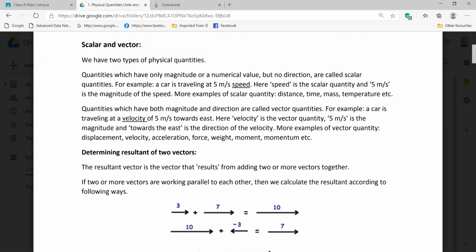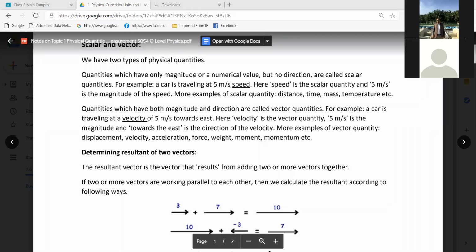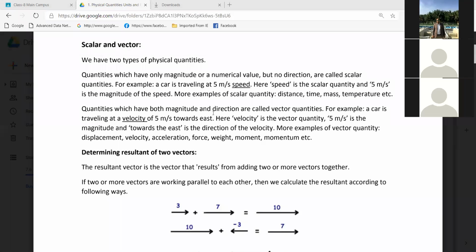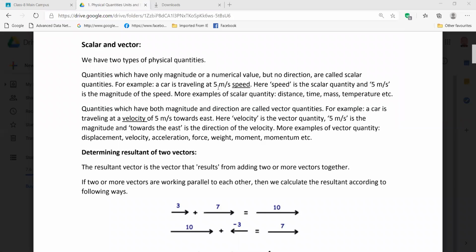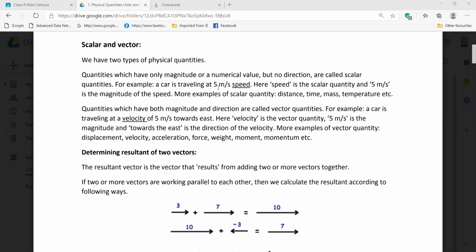Okay, so here we have vector quantity. They have both magnitude and direction, right? Can you recall this one? And scalar quantity, you have only magnitude. If you are getting 5 meter per second speed and another 5 meter per second, you can simply add.